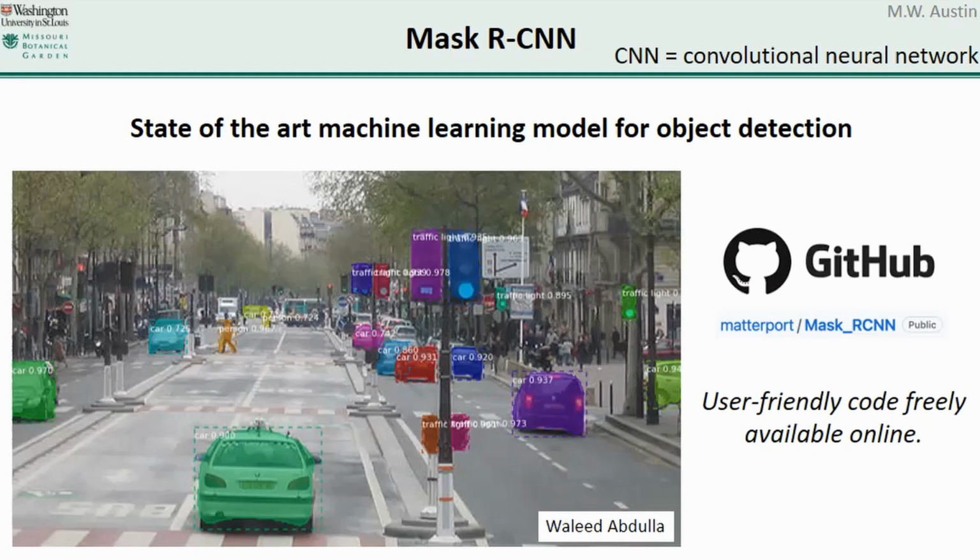It comes with a nice user-friendly guide. And all that you have to do is utilize the code for any purpose you want related to object detection. You just have to provide your own training data and calculate your own model accuracy.